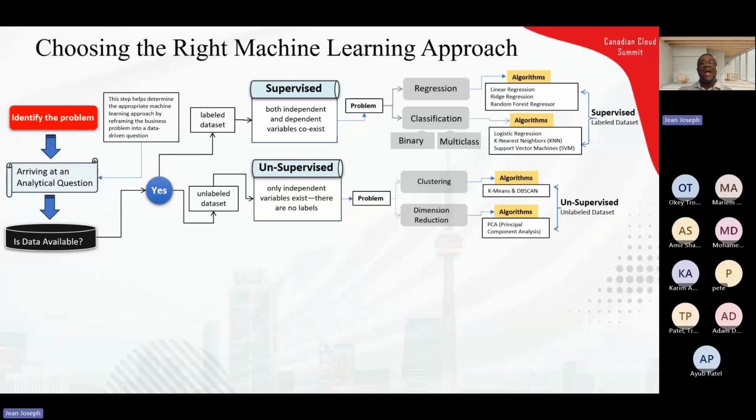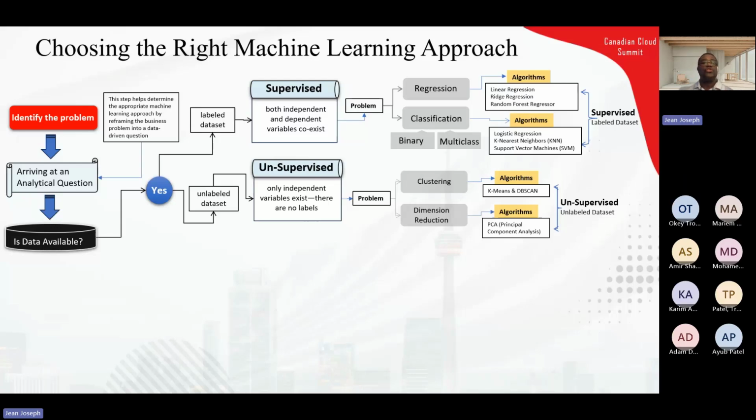So when your data has no labels and you are trying to explore structure or simplify it, unsupervised machine learning through clustering or dimensionality reduction is the way to go. But remember, in unsupervised ML there is data, but the data has no label or no answers or no output.